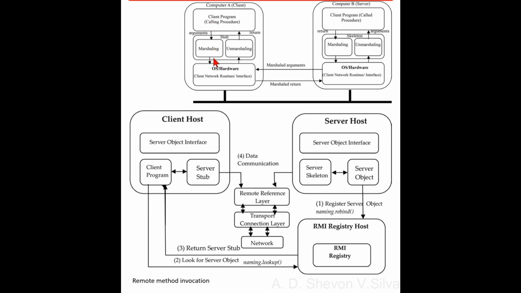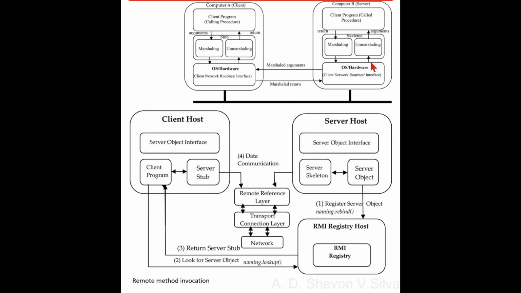The client stub packs the parameters into a message and makes the system call to send the message. Packing parameters is called marshalling. The client's local operating system sends the message from the client machine to the server machine. The local operating system on the server machine passes the incoming packet to the server stub.